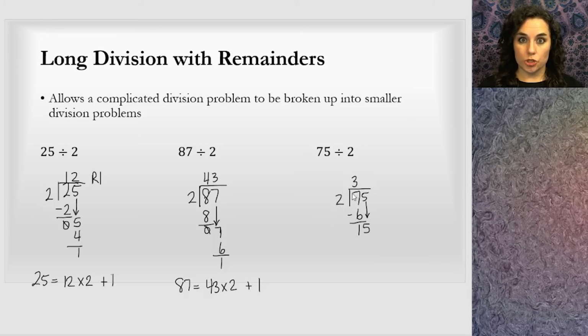How many times does 2 go evenly into 15? 2 goes evenly into 15 7 times. 7 times 2 is 14. 15 minus 14 is 1, and that's my remainder. So I can say that 75 equals 37 times 2 plus 1.